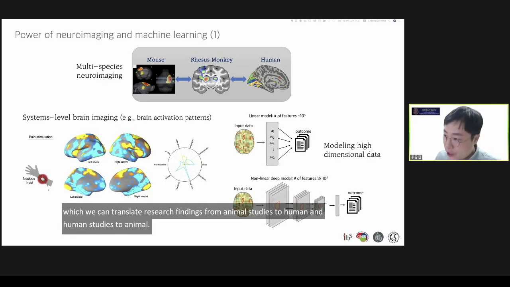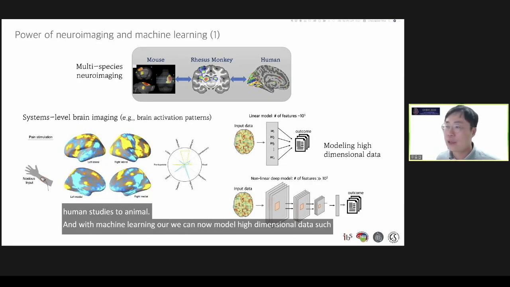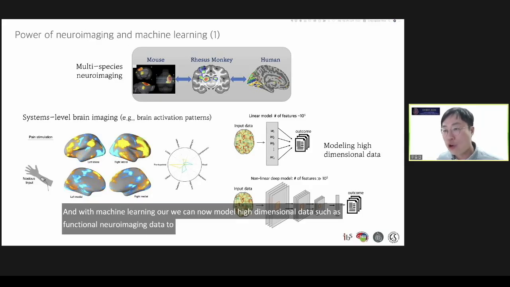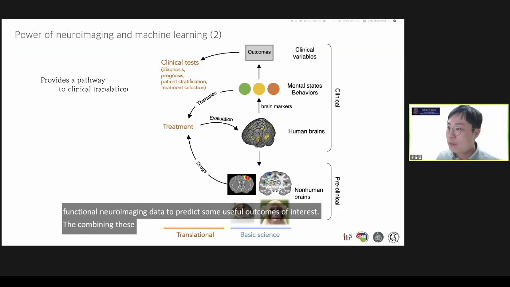And with machine learning, we can now model high-dimensional data such as functional neuroimaging data to predict some useful outcomes of interest.